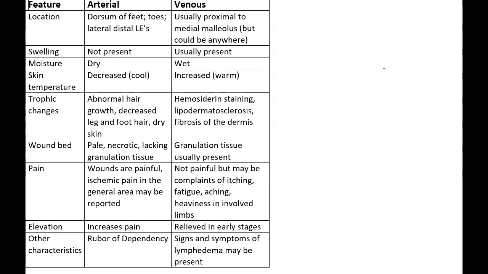Now, that's not to say that venous wounds are pain-free or alternative sensation-free either. They may not report pain, but they may report heaviness, itchiness, fatigue, aching, and you see a lot of those terms when we talk about lymphedema as well.